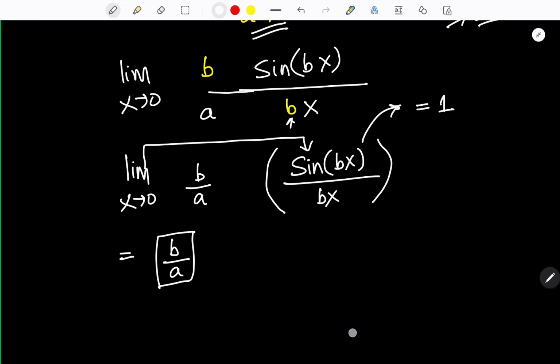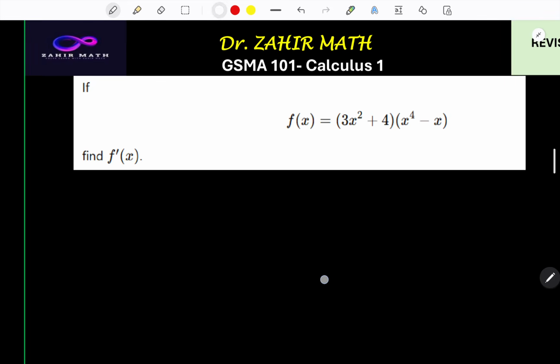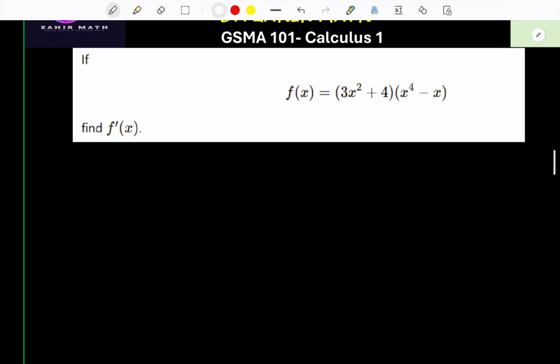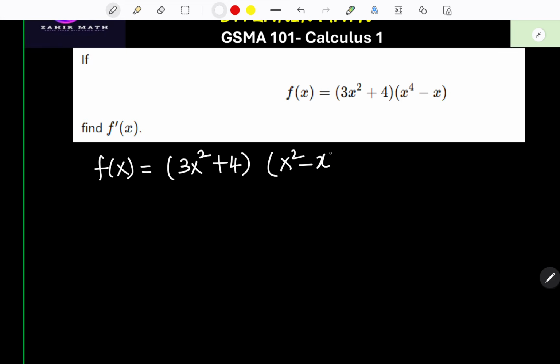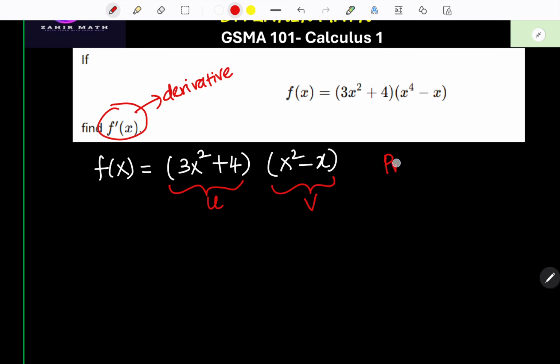Got it? Okay, so let's go to the next question. If f of x equals 3x square plus 4 times x square minus x, find f dash of x, the derivative with respect to x. We are going to make this u and this v, because this comes under the product rule.